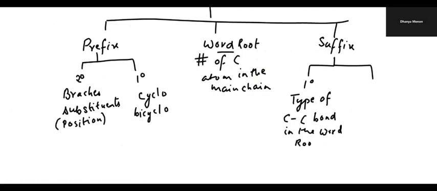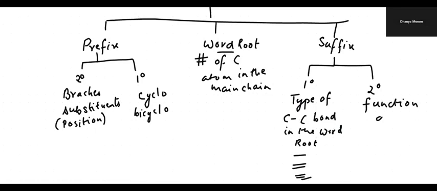So if it is a single bond, we write "ane." If it is a double bond, we write "ene." If it's a triple bond, we write "yne," etc. So here, we have to mention whether it's a single bond, double bond, or a triple bond. Next, we write down the secondary suffix, which mentions the functional group.